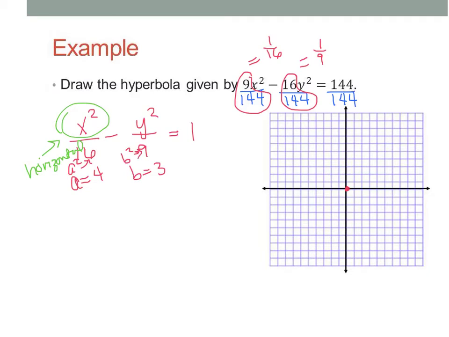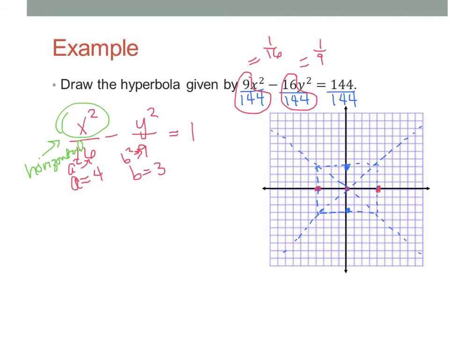So my A goes out to my vertices. I'm going to go 4, there's a vertex, there's a vertex. I'm going to go up and down 3. There then is my rectangle. And my asymptotes are going to extend as the diagonals of this rectangle.